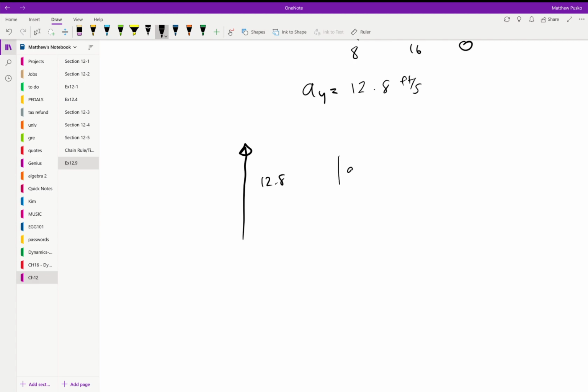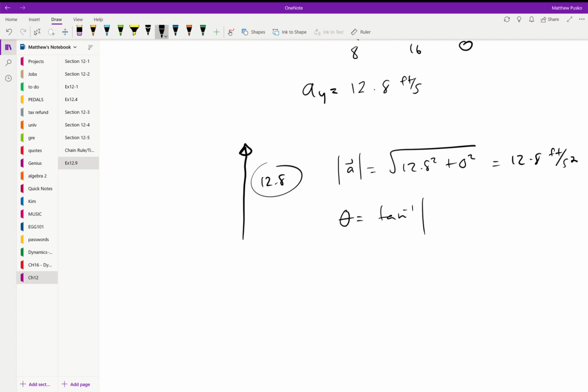You could find the magnitude like this, I suppose, but you don't really have to, right? It's 12.8 feet per second squared. And then that angle, you can use the rules if you want, but where do we find 90 degrees on the tangent? Well, we find that anywhere that the adjacent component is 0. So 90 degrees is our angle.